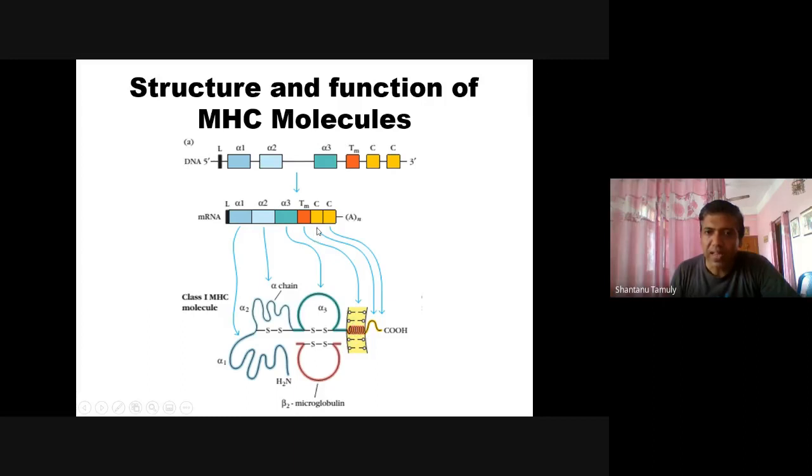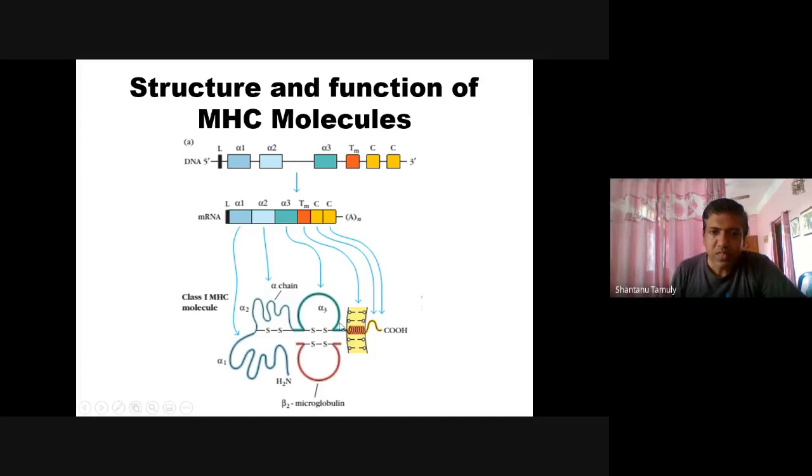Then C stands for the cytoplasmic domain. That means this part of the protein is present inside the cytoplasm, because this is the cell. Here at this point you have the cytoplasmic domain, and this part is where it binds the antigenic peptide.